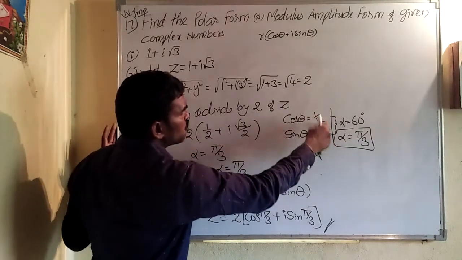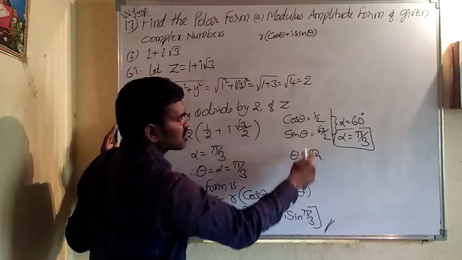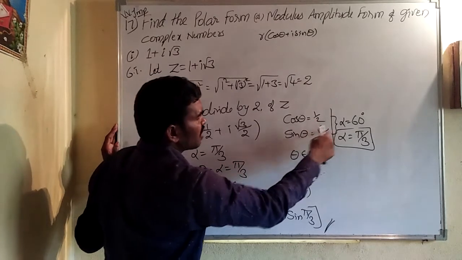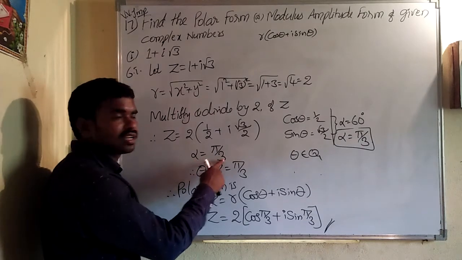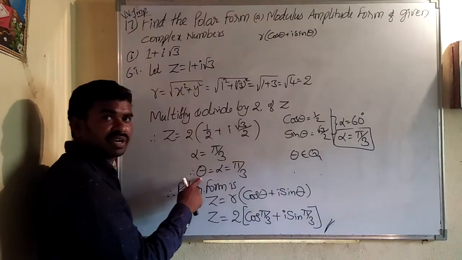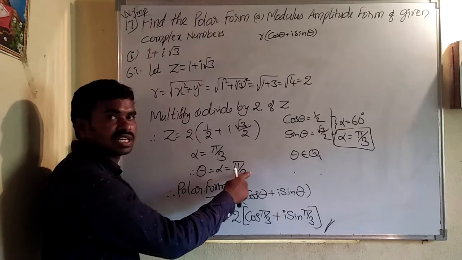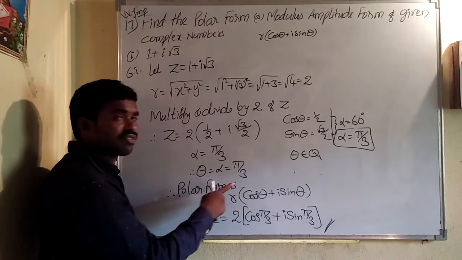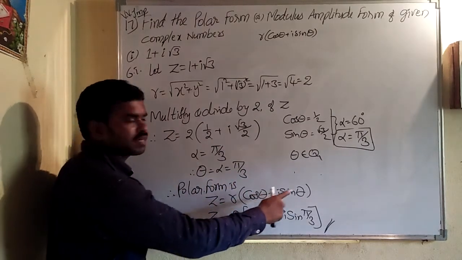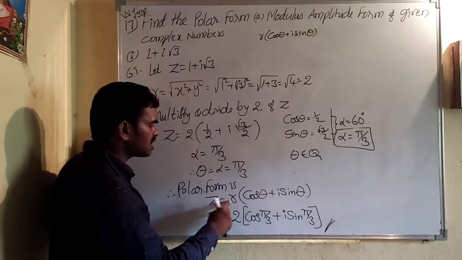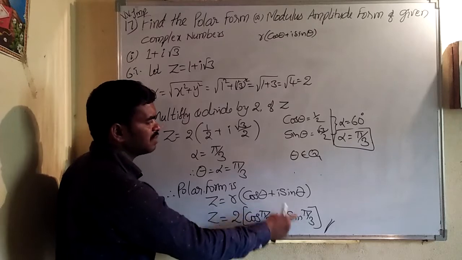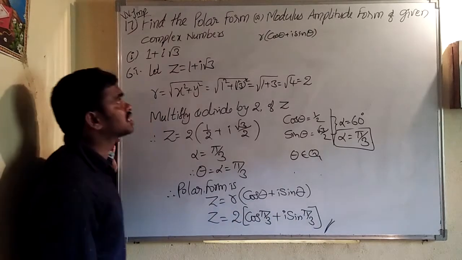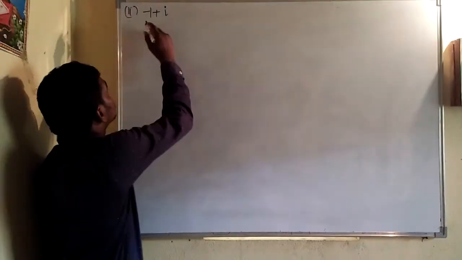Both are positive, so it belongs to the first quadrant, and both come at angle 60 degrees. So alpha is 60 degrees. In the first quadrant, theta can be taken directly as alpha, that is 60 degrees. The polar form is z equals r into (cos theta plus i sin theta). Now substitute r as 2 and theta as pi by 3. So this is the answer.